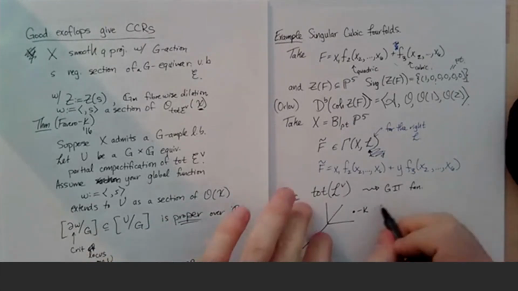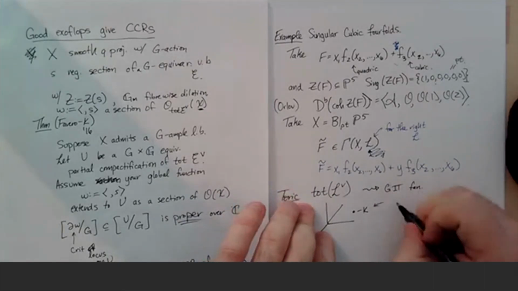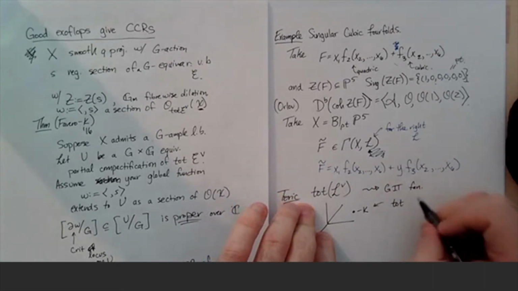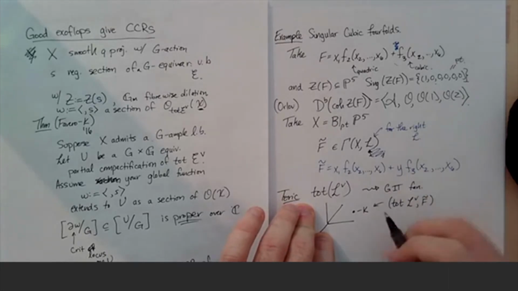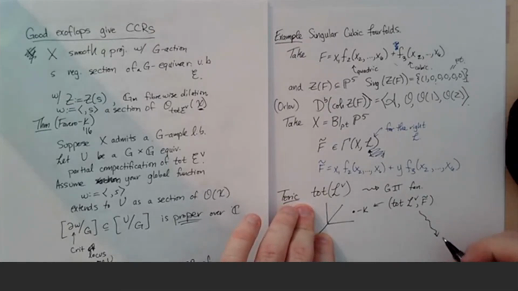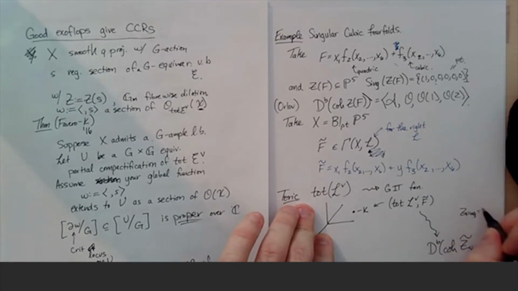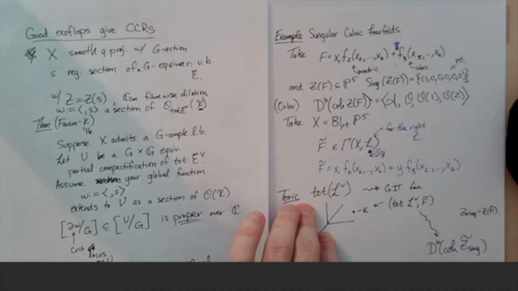So this one, where the minus k is, it's the total space of L dual with the function f. So what this corresponds to, when I compare, I can use Isik and Hirano to get the D^b coh of the blow up of the singular cubic, where Z sing is ZF twiddle.